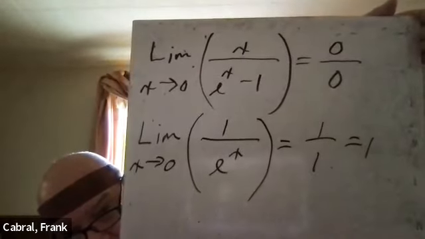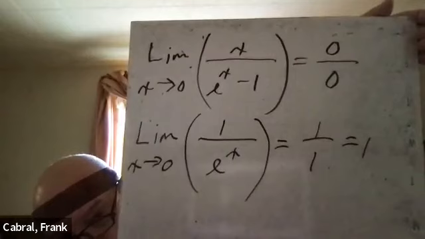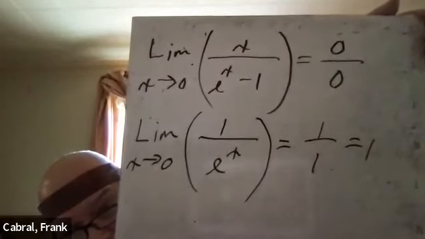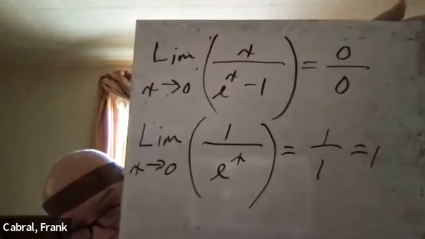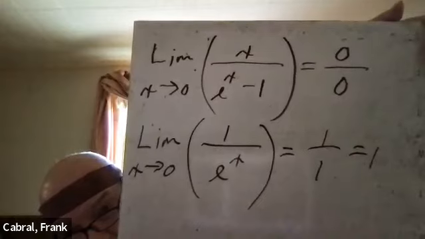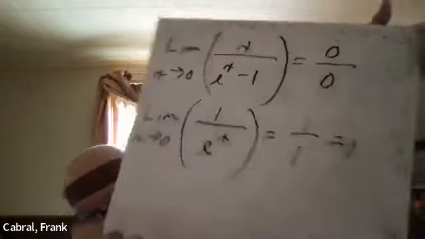So I have 1 over e to the 0, which is 1 over 1, which is equal to 1. So that means that the limit of this function is equal to 1. As x approaches 0, the function is approaching 1. And that is an example of our second major indeterminate form.